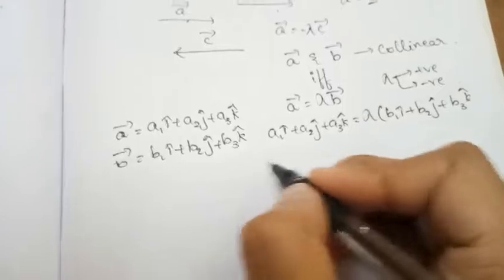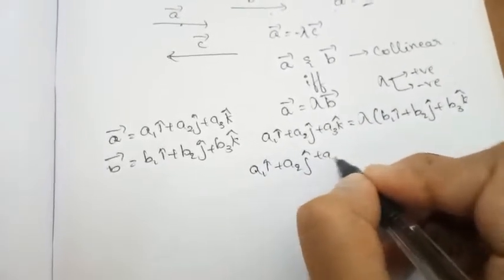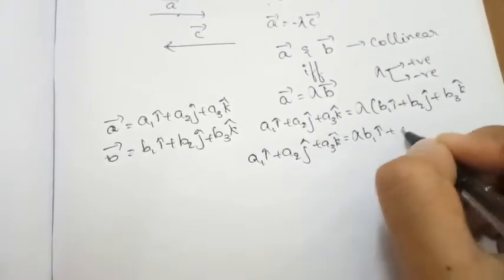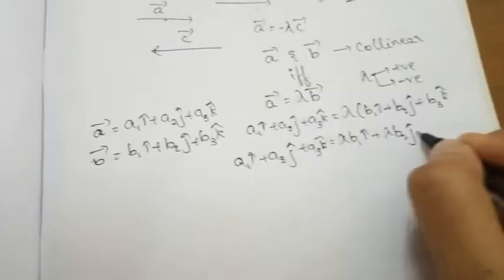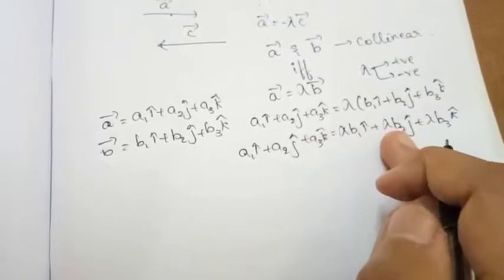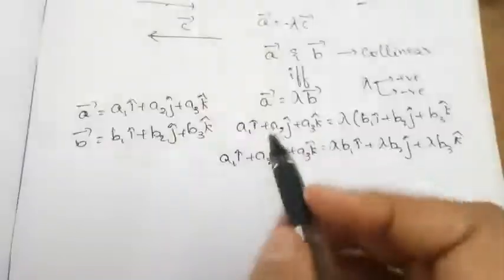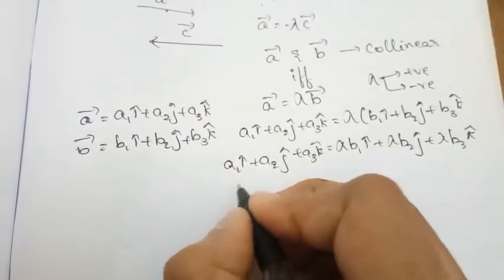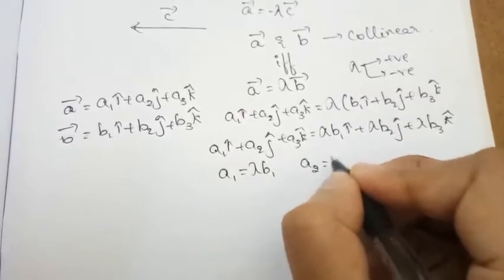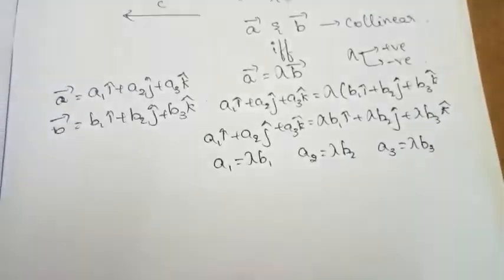Multiplying that lambda on the RHS to each and every component, it becomes lambda times b1 i cap, lambda times b2 j cap, lambda times b3 k cap. Now these two vectors are equal, so according to the equality of two vectors, the corresponding elements are equal, that is a1 is equal to lambda times b1, a2 is equal to lambda times b2, and a3 is equal to lambda times b3.